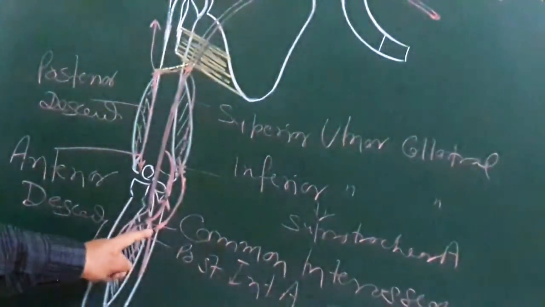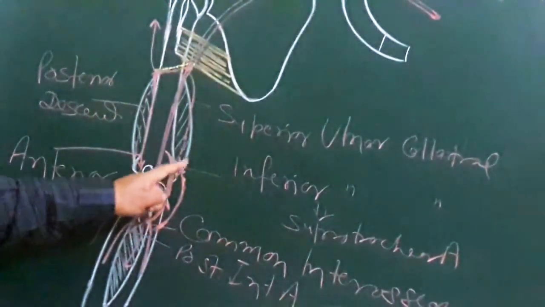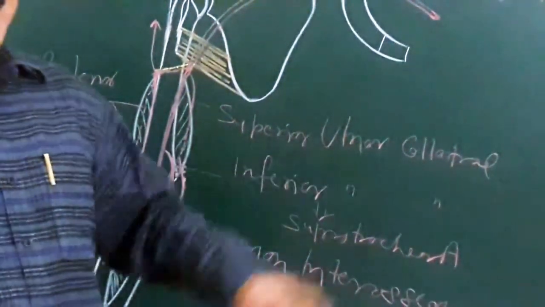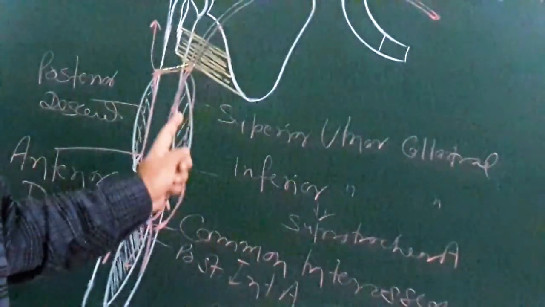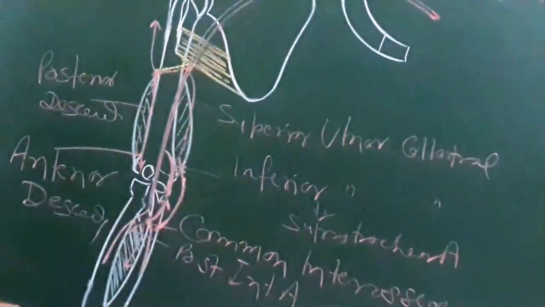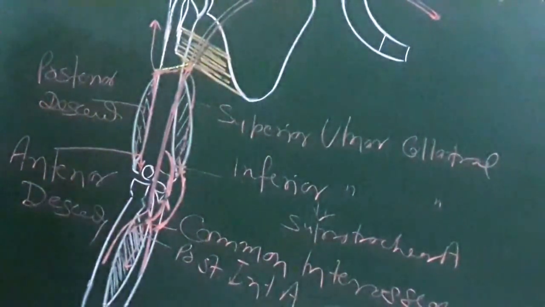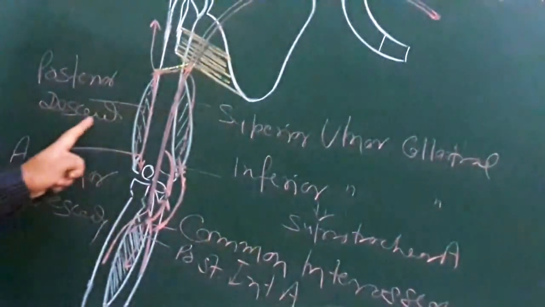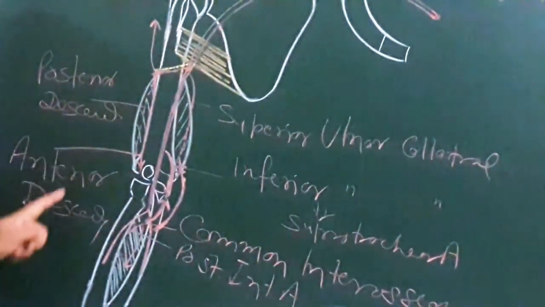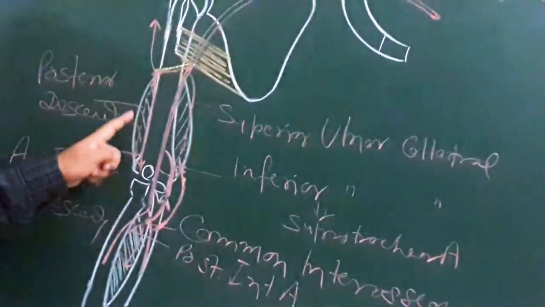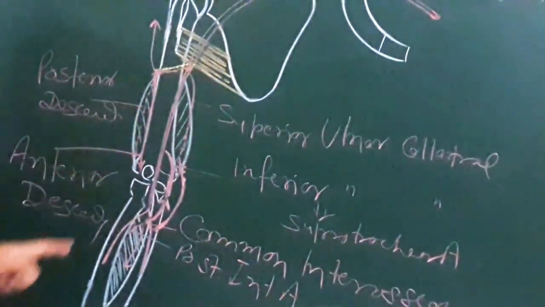This is the anastomosis towards the medial side, and now towards the radial side, the lateral side. Here is the anterior descending artery and the posterior descending artery.